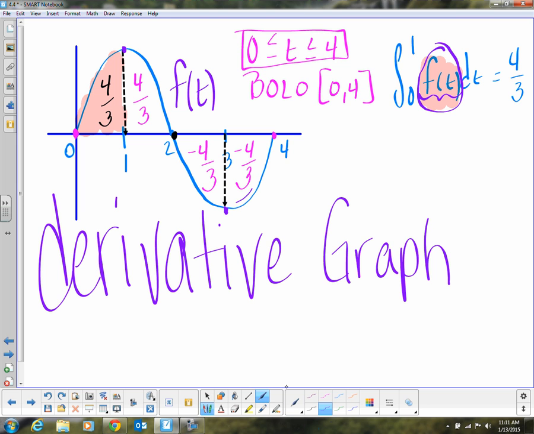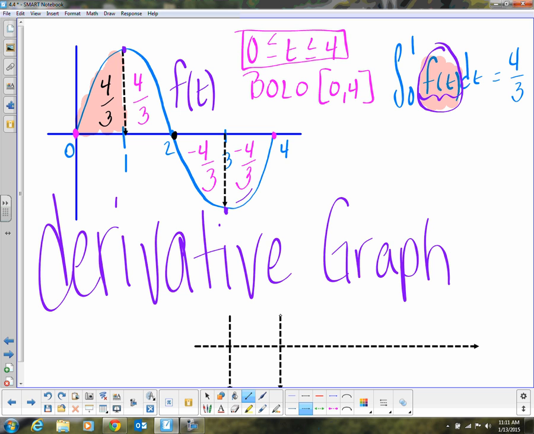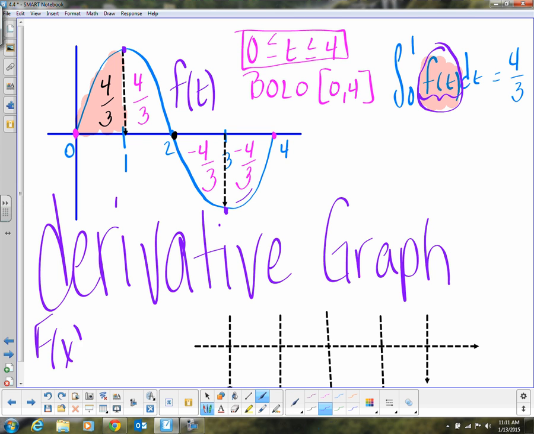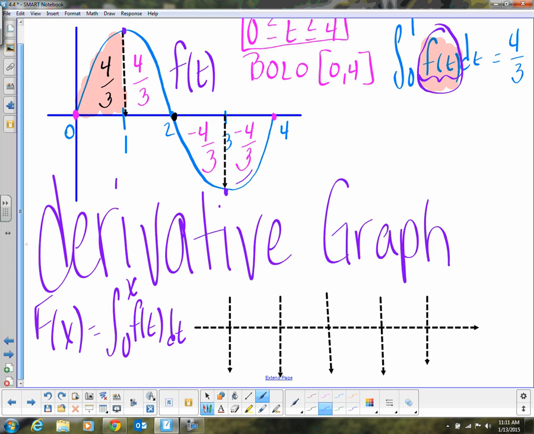Okay, so what I'm going to do is I'm going to be a sweetheart, and I'm going to set up your first table. Because I want to make sure that you do everything I ask you to do. All right? They are asking you, their capital F function is the function from 0 to x of f of t dt. Okay? So what does that mean?